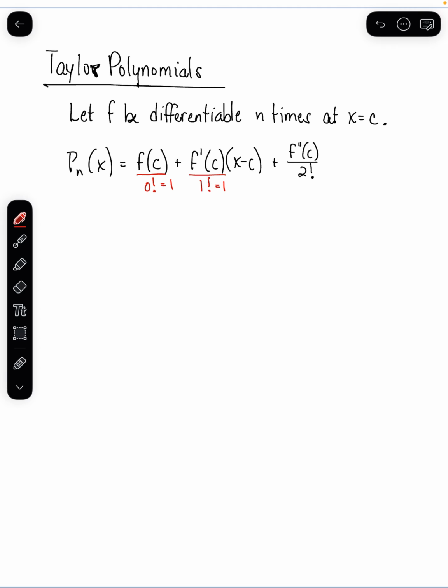So those two terms do have a factorial in the denominator. We just don't see it because it simplifies in such a way that it's not necessary for it to be written. So we now have the second order derivative over 2 factorial times x minus c squared.